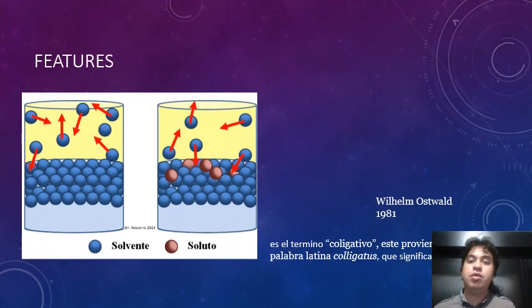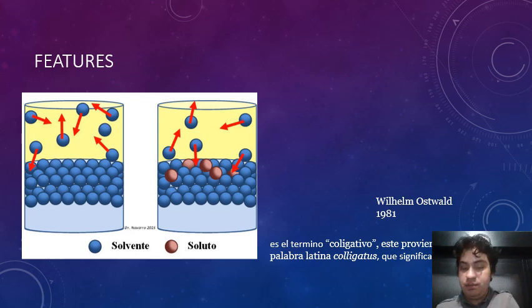To begin with, the term colligative comes from the Latin word colligatus, which means unit and refers to the union relationship between the properties of a solvent and the concentration of a solute in a solution.